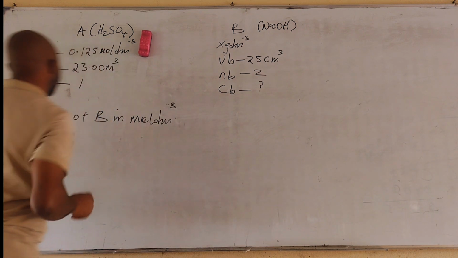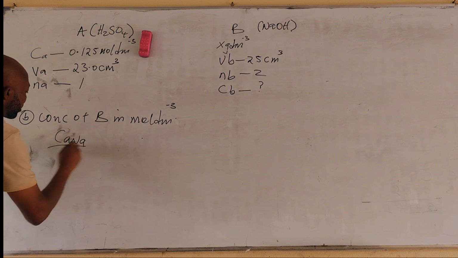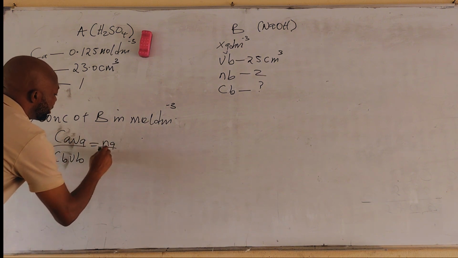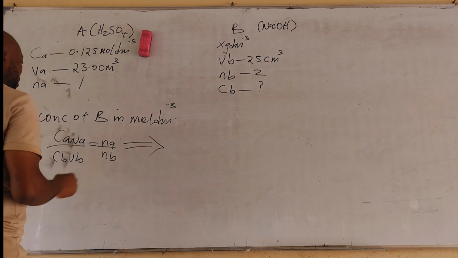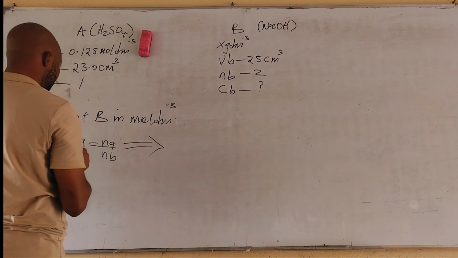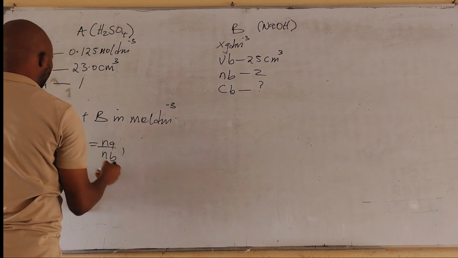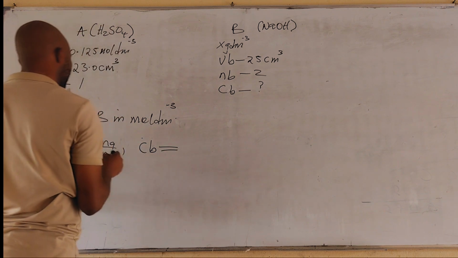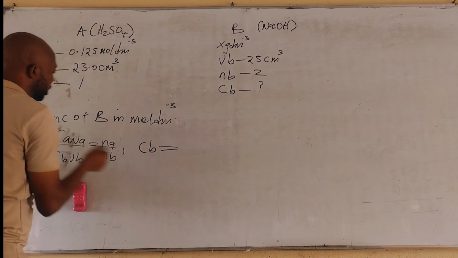For us to do this, we use the formula CAVA over CBVB is equal to NA over NB. Now the CB which I'm looking for, I make it the subject.